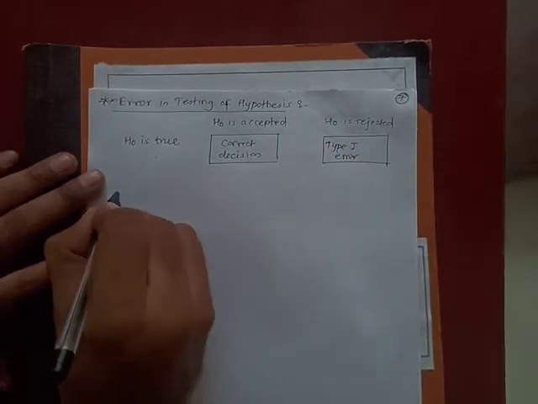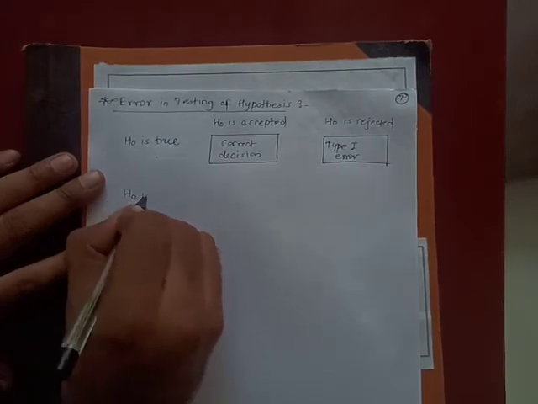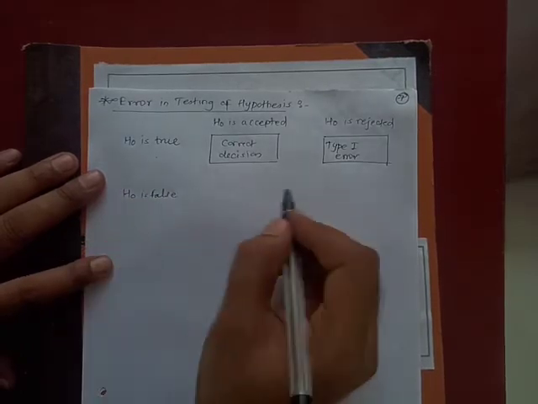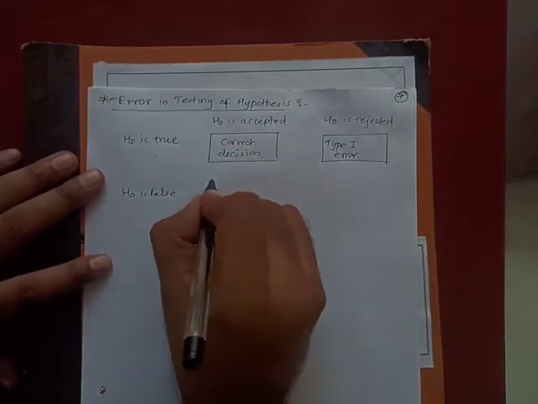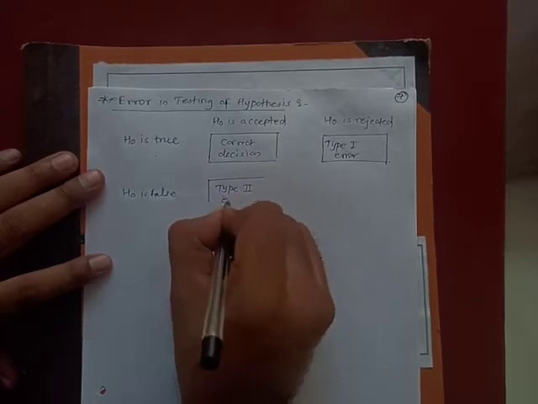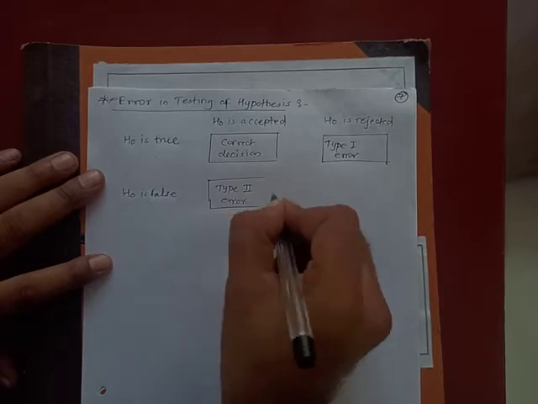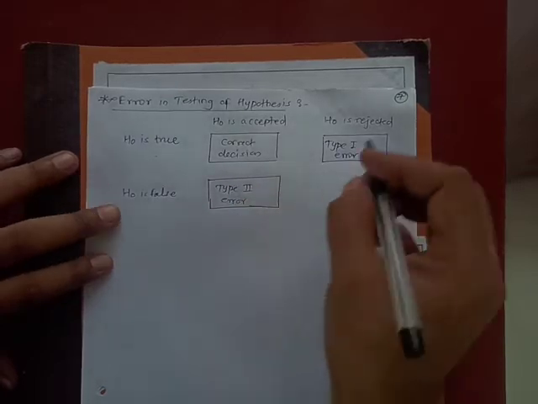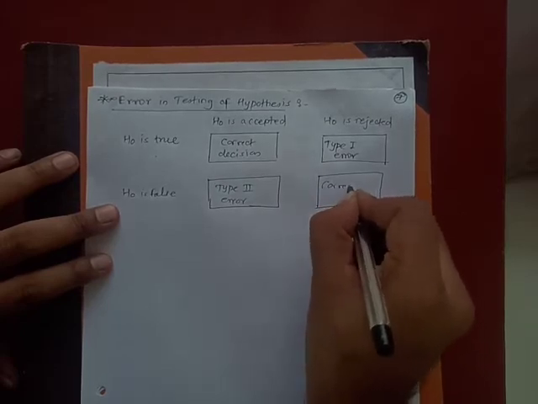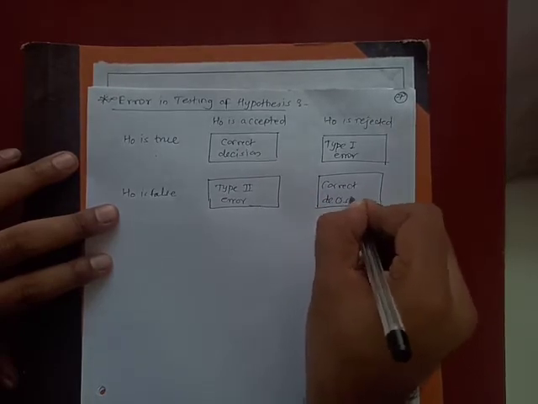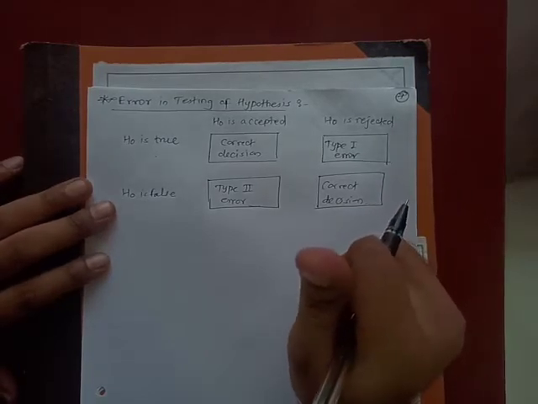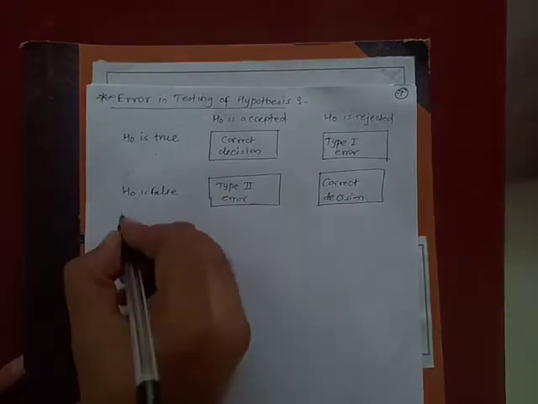Next, if H0 is false and you have accepted it, then you commit a type 2 error. But if your null hypothesis is false and you have rejected it, then your decision is correct.